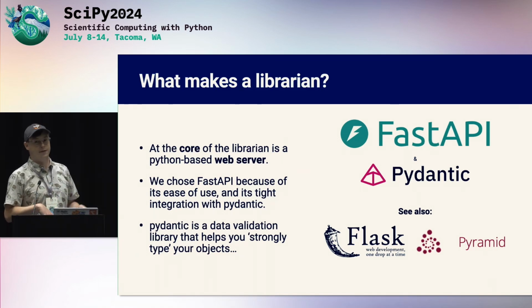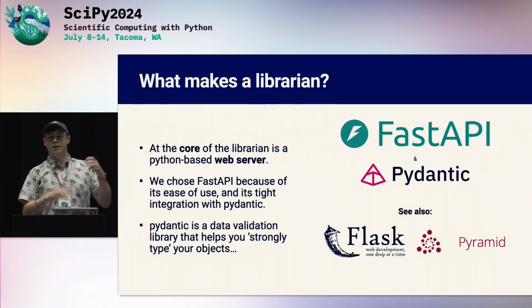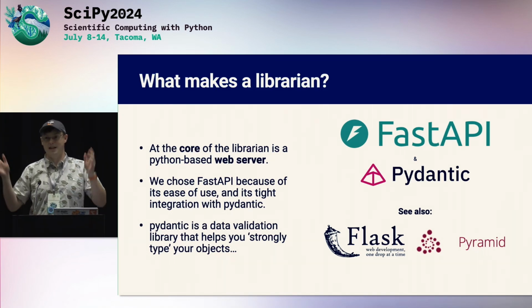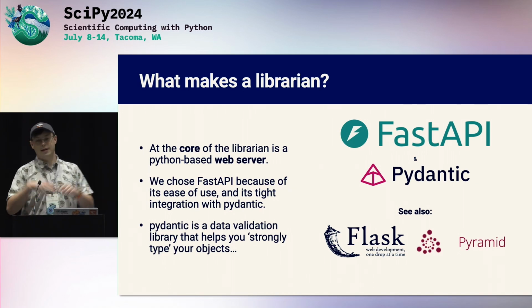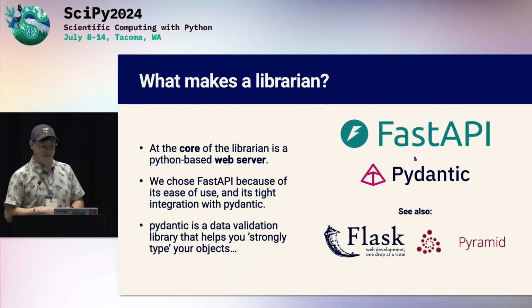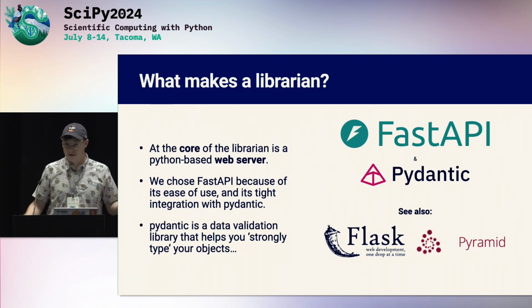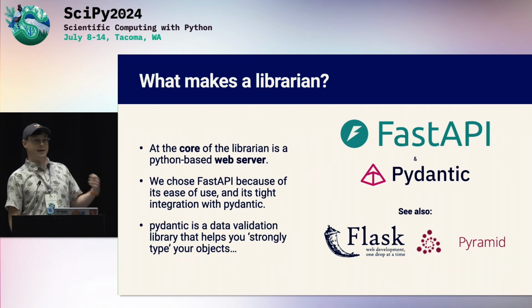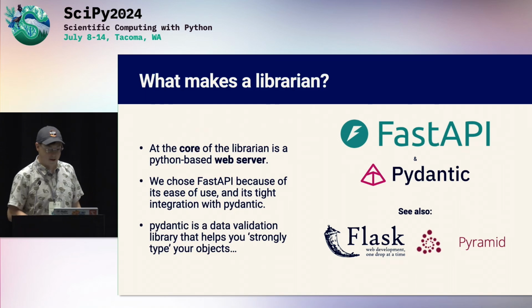This is very useful if you're receiving data as JSON and you want to automatically turn the strings into datetime objects or integers or whatever, and make sure that you get that data as it is supposed to be. There are a couple of other web frameworks that we considered. There was actually an older code that we based this version of the Librarian on that was based on Flask. But we saw Pydantic as such a big benefit that we did switch to FastAPI.